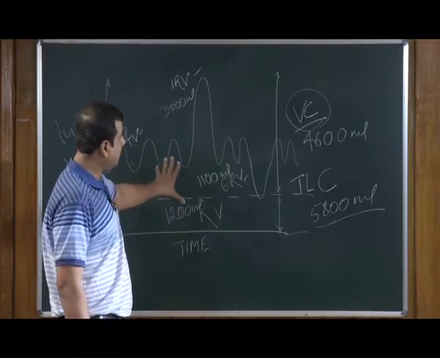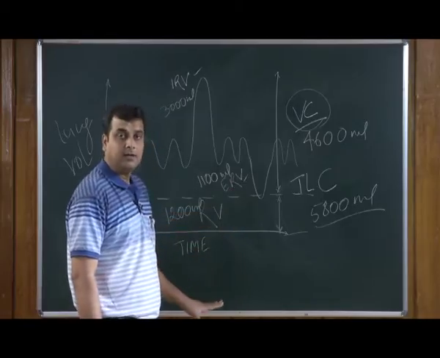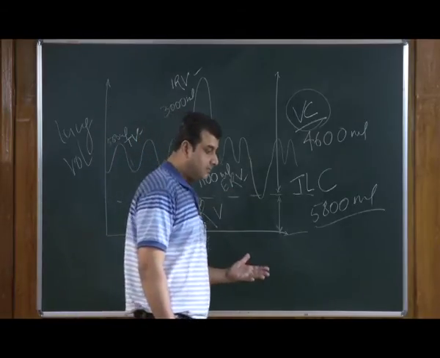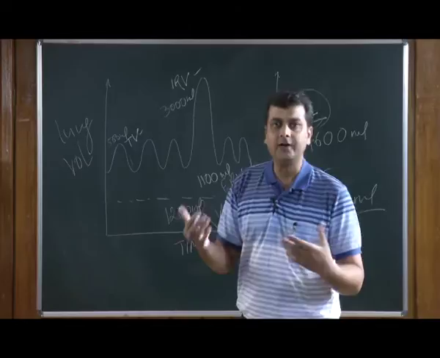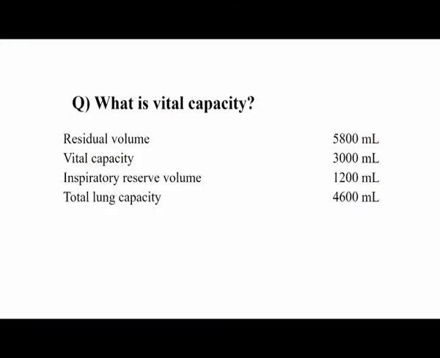Now, this is all about the volumes, and of course, these terminologies are quite common, and it can be asked in various forms. One such example I just quoted here in the slide: suppose we have residual volume, vital capacity, inspiratory reserve volume, and total lung capacity in one panel, and then you have different volumes in the other panel.